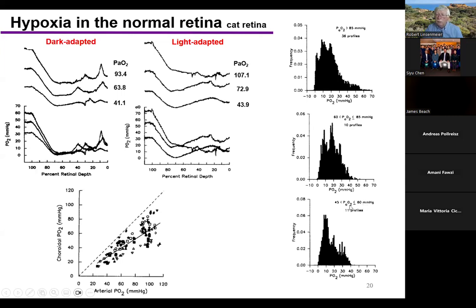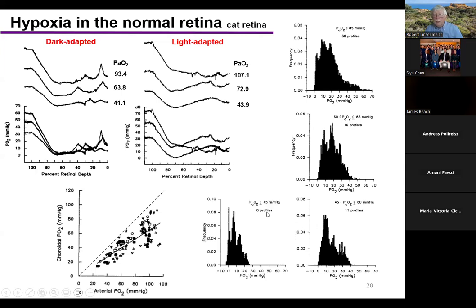So this is between 45 and 60 millimeters of mercury. And then finally, below 45 millimeters of mercury, you see a loss of these higher PO2s, and the average pretty clearly shifts. But the inner retinal PO2 is very well regulated in a normal animal during hypoxia.